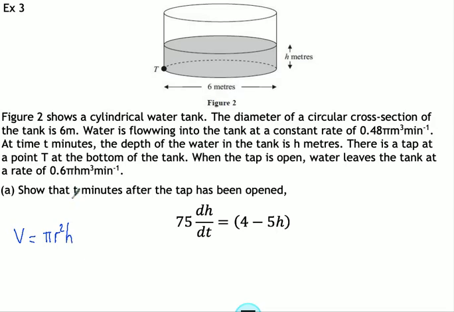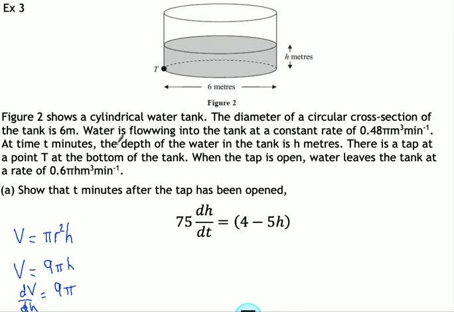It's just the volume of a cylinder, isn't it? And we know that the radius of this particular cylindrical water tank is 3 meters. Therefore, V is 9 pi h. And actually, we can say that dV by dH is 9 pi.